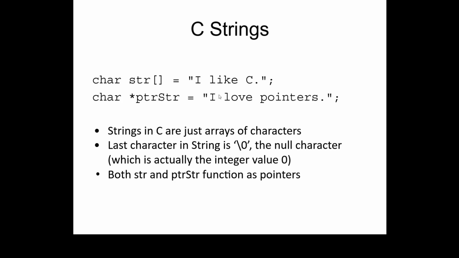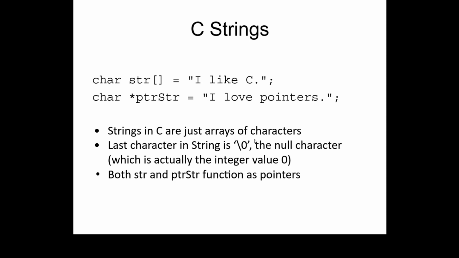So a character pointer you could also assign. And so this would create a spot in memory for I space like space C period. And then the interesting part is a null character. I've mentioned this before, but it's good to mention again. The convention in C is that every character array, or every array, should end in a null character. That tells you when the string is done.